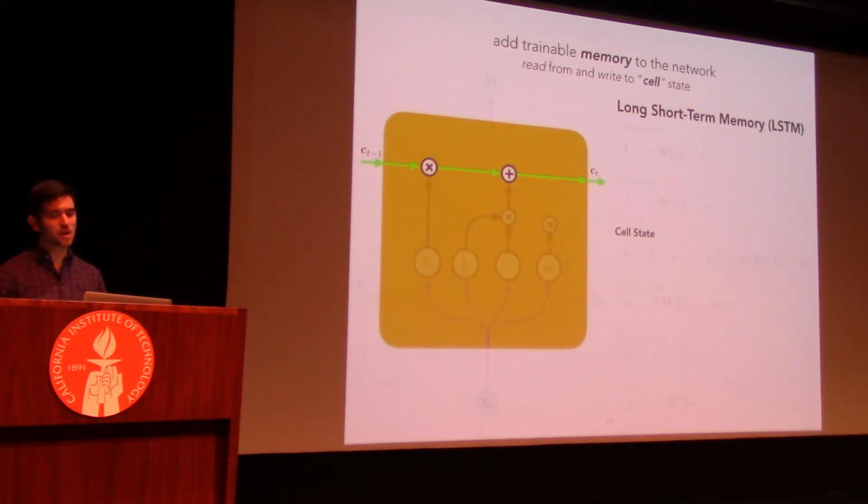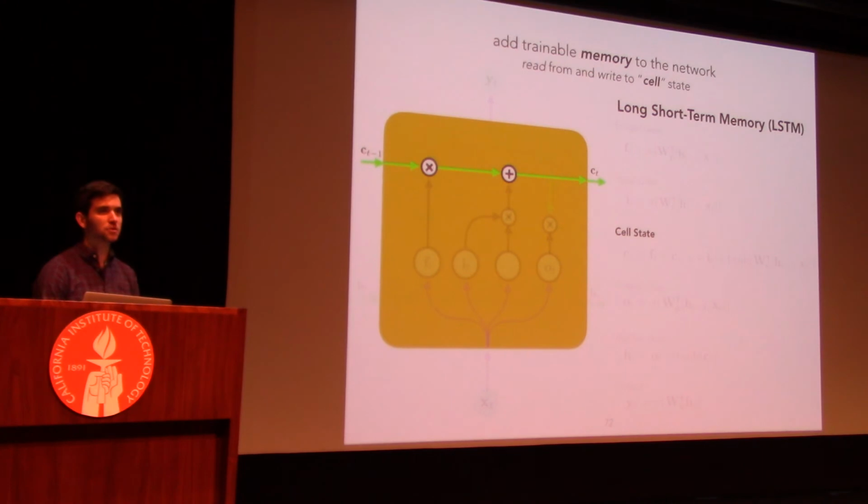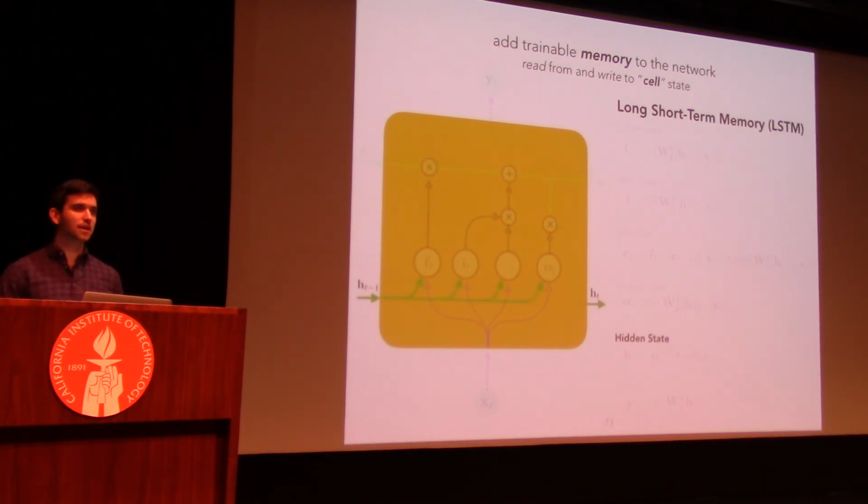Off the bat, we have a new hidden state, which is called a cell state. This is our memory that we're going to read and write from. And you see that this is propagated through time horizontally here. Likewise, we also have a hidden state just as before, which is also propagated across time. So h_{t-1} eventually becomes h_t.